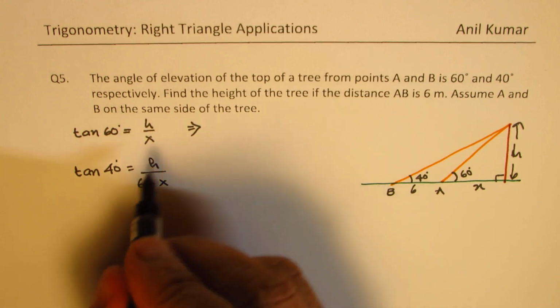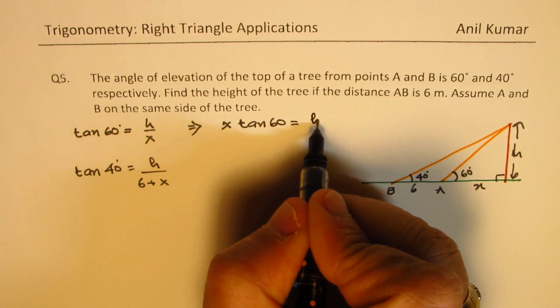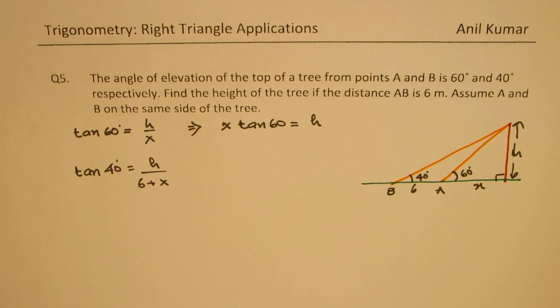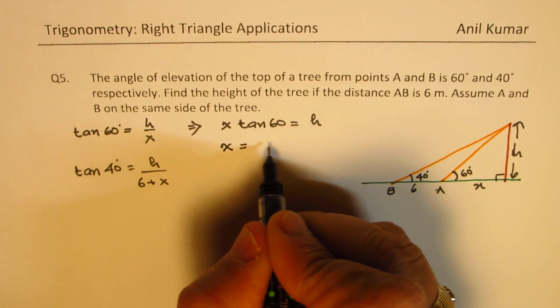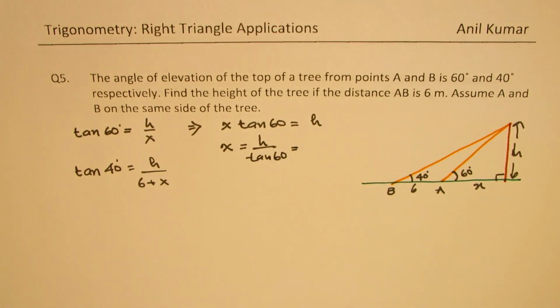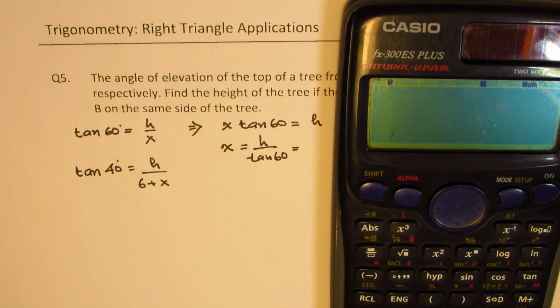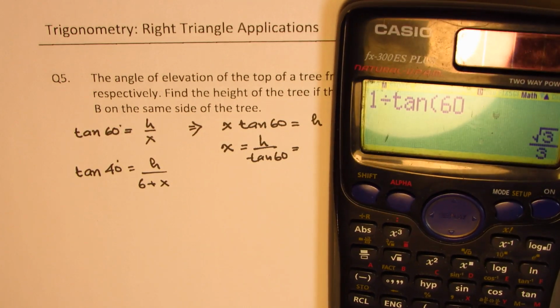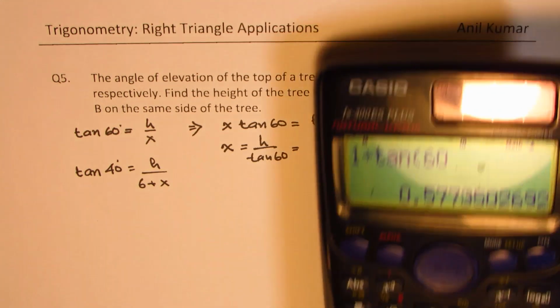Correct. So let's calculate what x is in terms of h. From here, we get x tan 60 equals h, right? So x equals h over tan 60. Let's calculate. 1 divided by tan 60 is square root 3 over 3. Let's take the decimal value, 0.577.